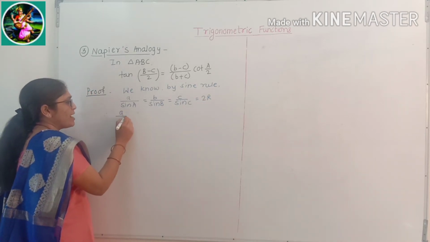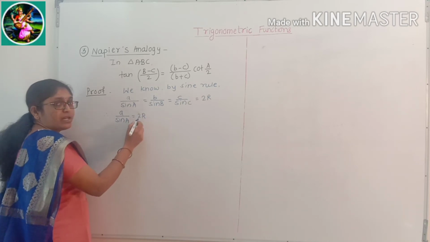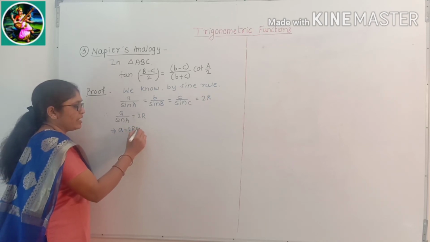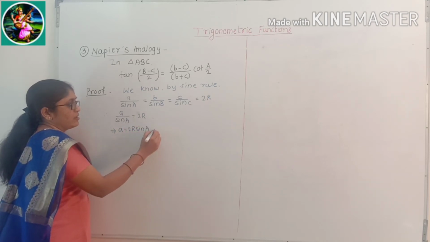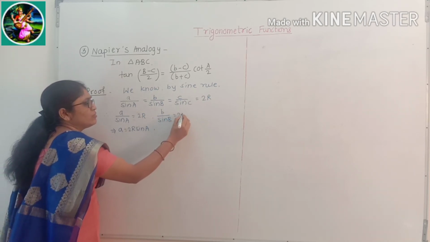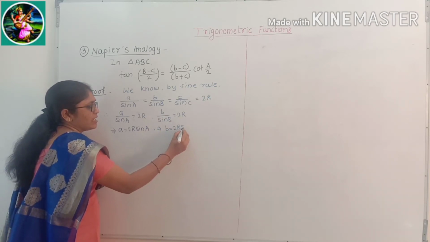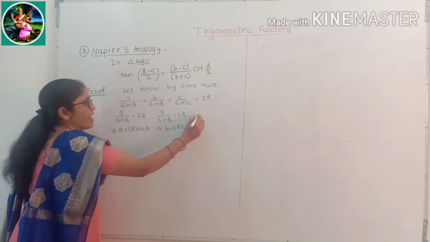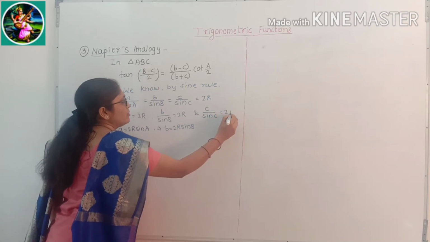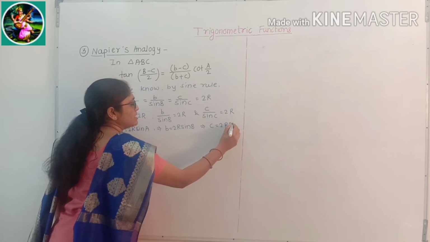Therefore, A divided by sin A is equal to 2R gives A is equal to 2R sin A. B divided by sin B is equal to 2R gives B is equal to 2R sin B, and C divided by sin C is equal to 2R gives C is equal to 2R sin C.